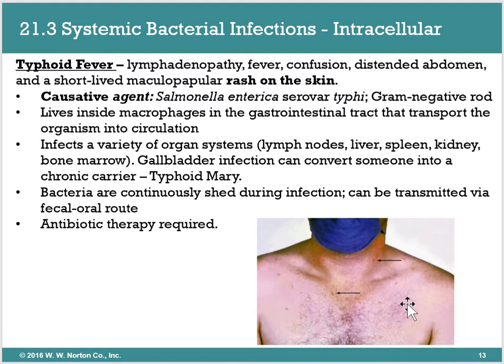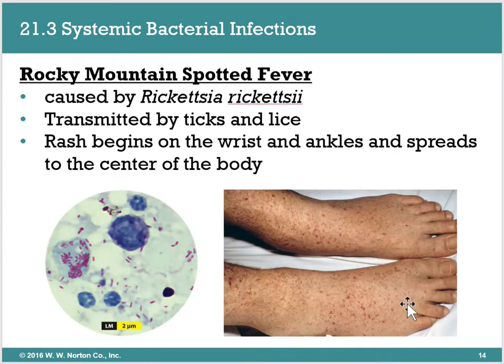So that's typhoid fever. Let's talk about Rocky Mountain spotted fever. So this is caused by R. rickettsii, I believe that's how you say it. This is also transmitted through ticks, but it can also be transmitted through lice. So the hallmark of Rocky Mountain spotted fever is actually spot rashes, and generally it will begin on the wrist and ankle regions.